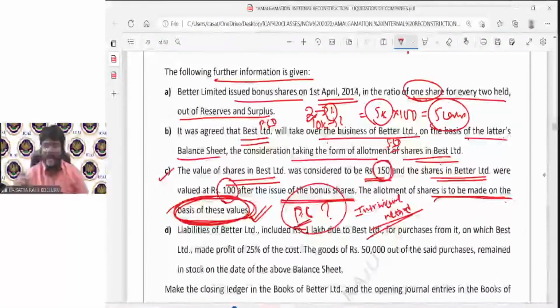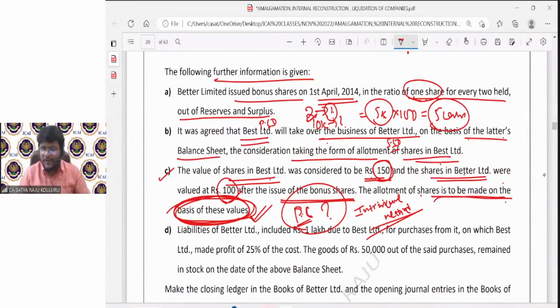The intrinsic value per equity share in the purchasing company is 150, and the shares in Better Limited were valued at 100. The intrinsic value per share in the selling company was 100. After the issue of bonus shares, the allotment of shares, the PC, is to be made on the basis of these intrinsic values. If you add the intrinsic value, everything is connected.